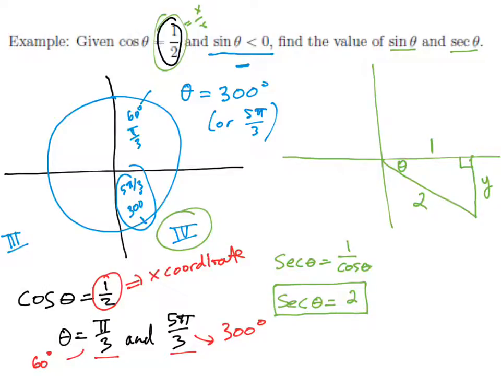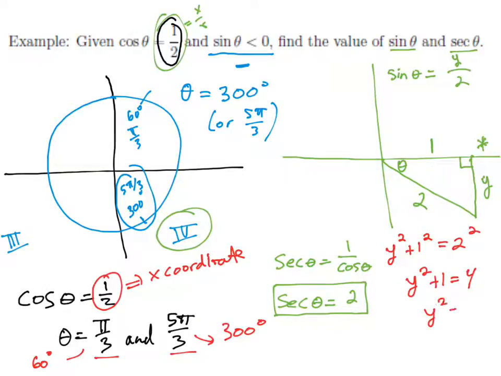Now, to determine what sine is, one way we can think of that is opposite over the hypotenuse. In this triangle, this is going to be opposite over the hypotenuse. So we must figure out what that y value is. To determine the y value, we're going to use the Pythagorean theorem. So y squared plus 1 squared equals 2 squared. So y squared plus 1 equals 4. y squared equals 3.